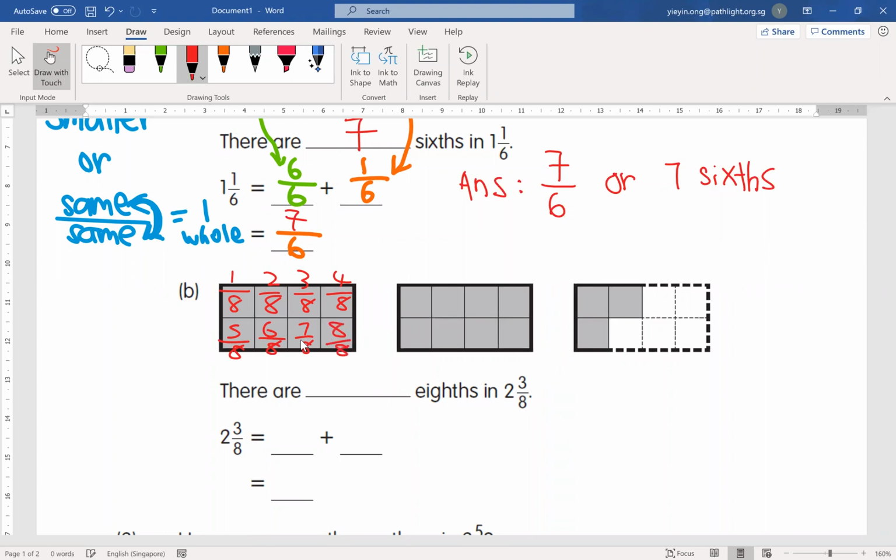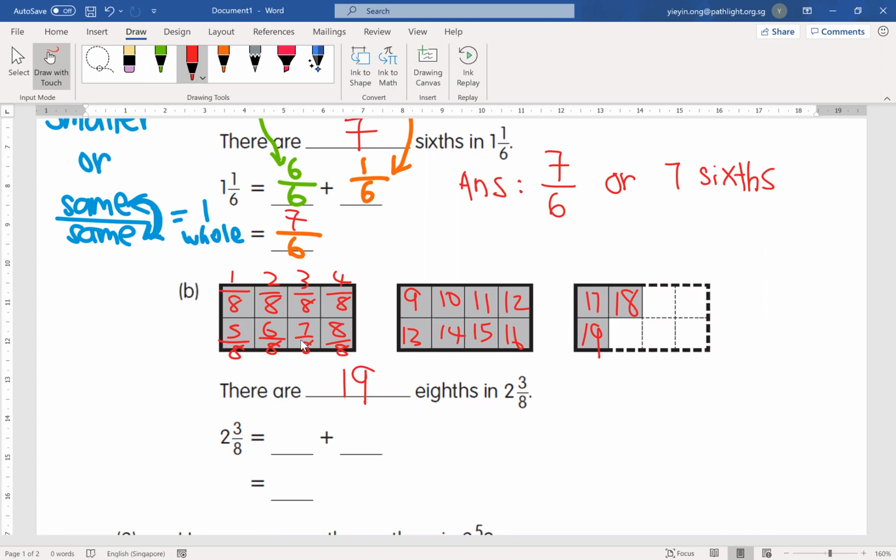Okay, so I know that each square is an eighth. So 9 eighths, 10, 11 eighths, 12 eighths, 13 eighths, 14 eighths, 15 eighths, 16 eighths, 17 eighths, 18 eighths, and 19 eighths.